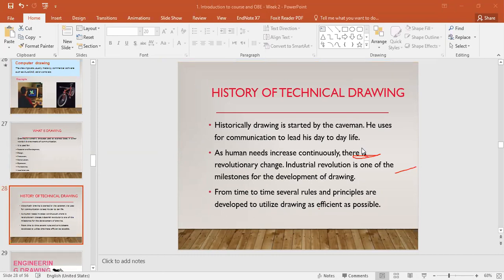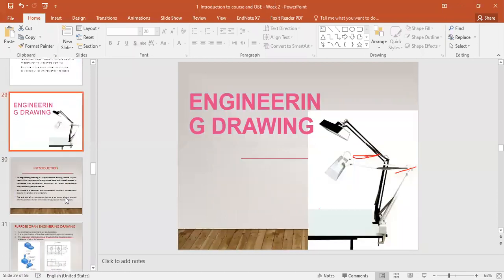But with time, we improved this and started using pencil on paper, and then we got new advancements in computers and went for computer software such as AutoCAD or SolidWorks, etc.